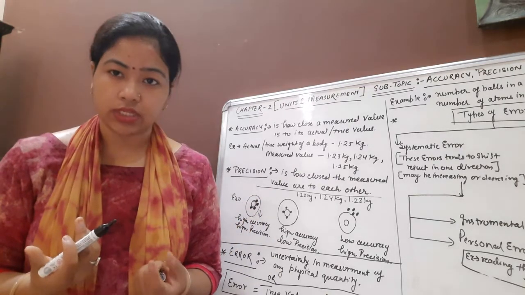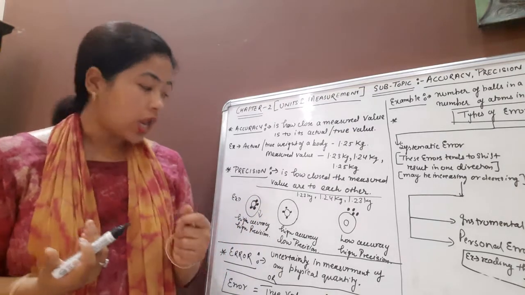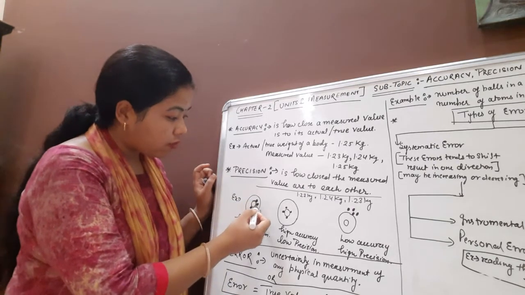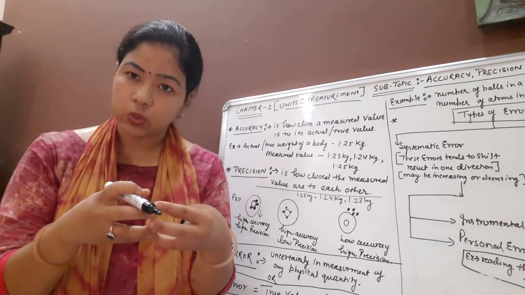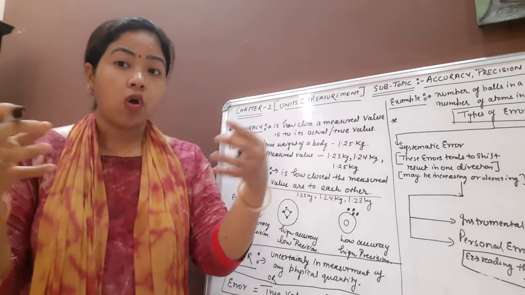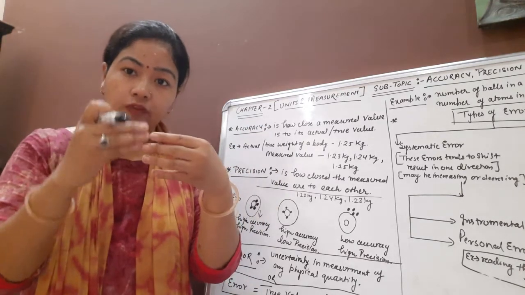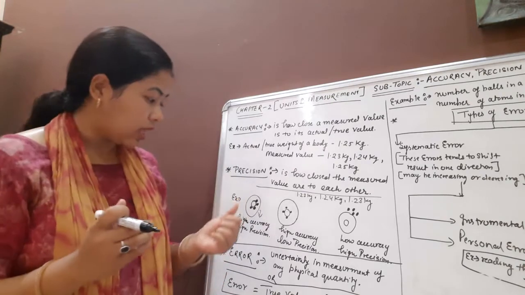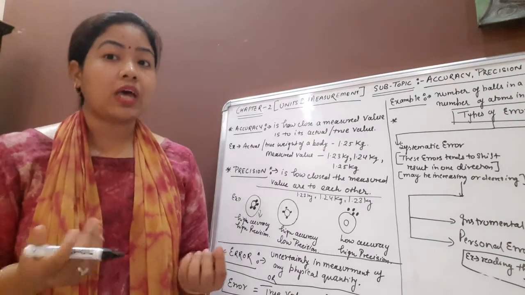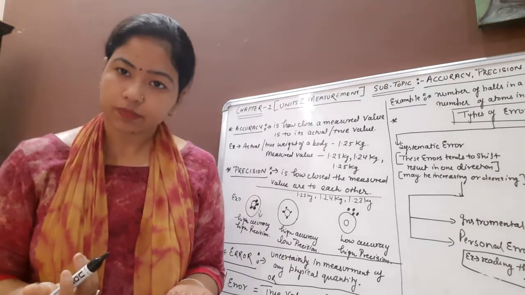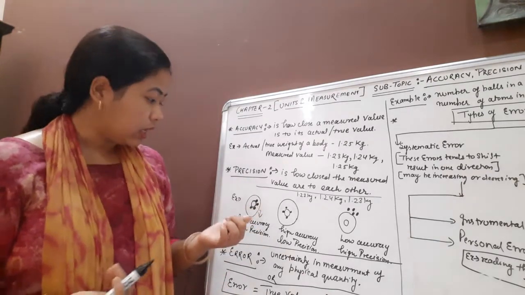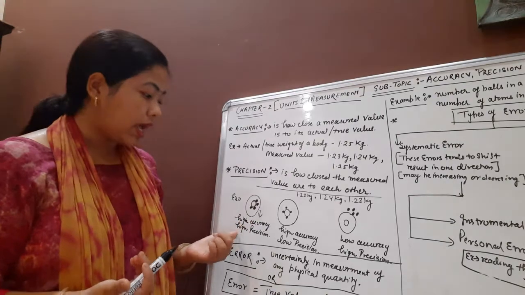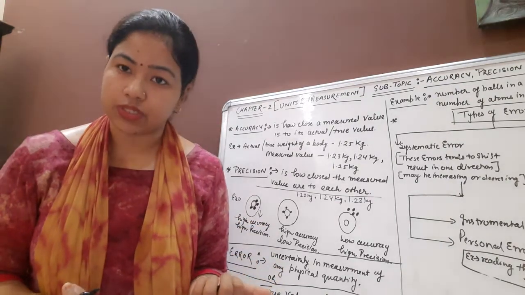Also, all four dotted points are very close to each other, and if all the measured values are very close to each other, then that measurement is highly precise. So we can say this measurement is highly accurate and has high precision.